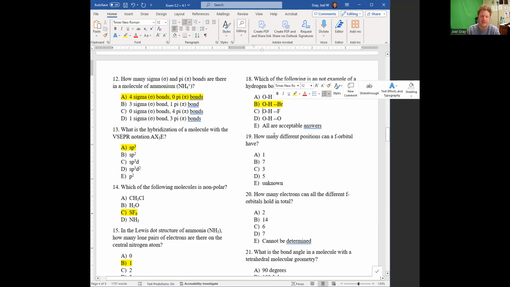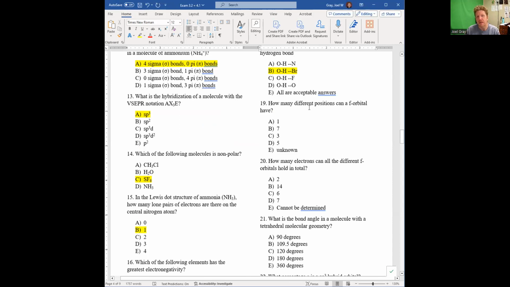Okay, question number 19. How many different positions can an f orbital have? Okay, so we have f orbitals. Now if you think about this from the perspective of quantum numbers, an f orbital is when your L value is equal to 3.